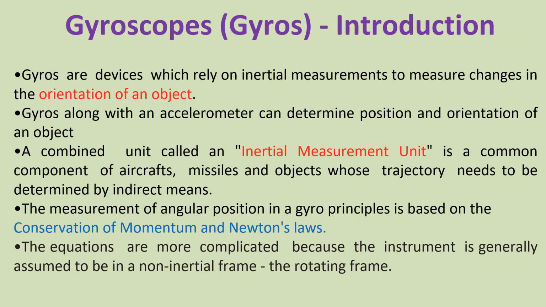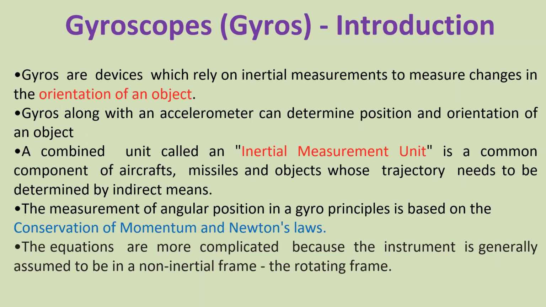These gyroscopes have applications basically in military applications, such as directing a missile to an enemy location, right? So to track the trajectory of the missile, or not only a missile, any other object whose trajectory you want to track.